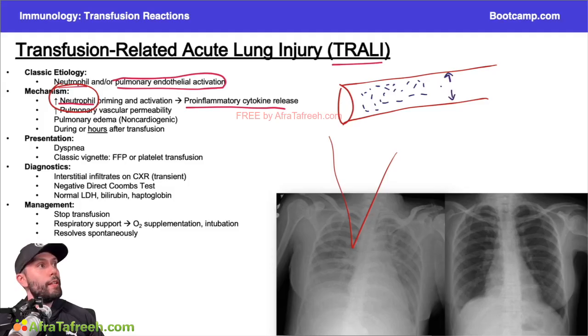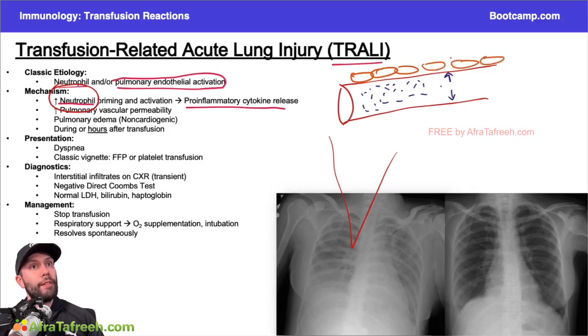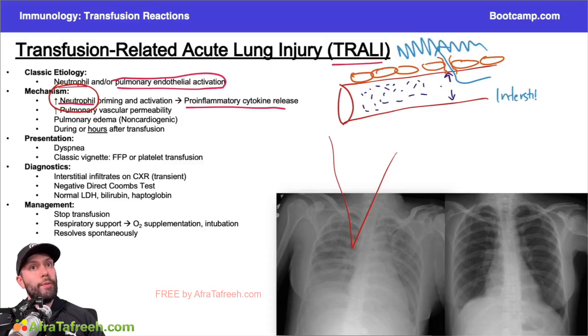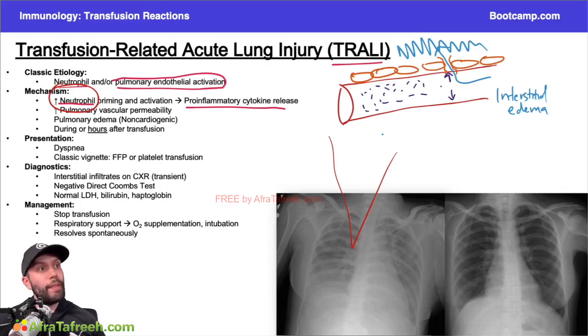When I vasodilate, I have my endothelium sitting on the surface, and I start to get gaps in this endothelium. So what's going to happen? A lot of the fluid is going to move through those endothelial cells and into the interstitium, and I'm going to get interstitial edema, from the dilation of those pulmonary vessels and the increase in vascular permeability.